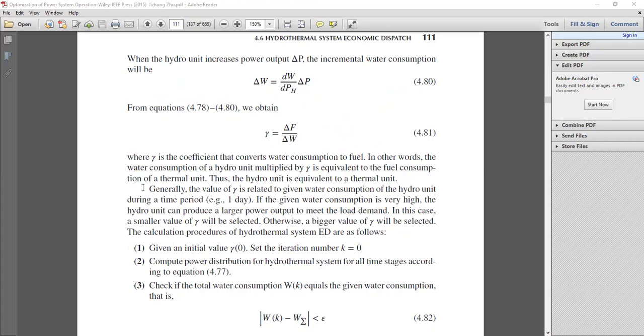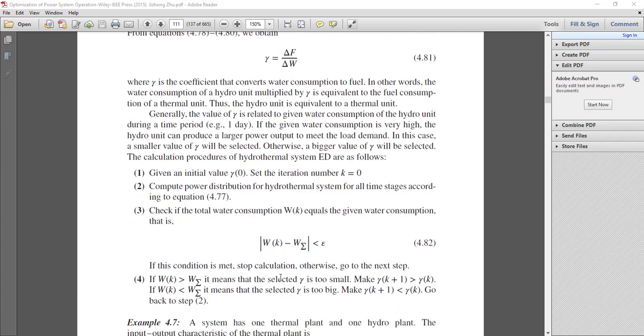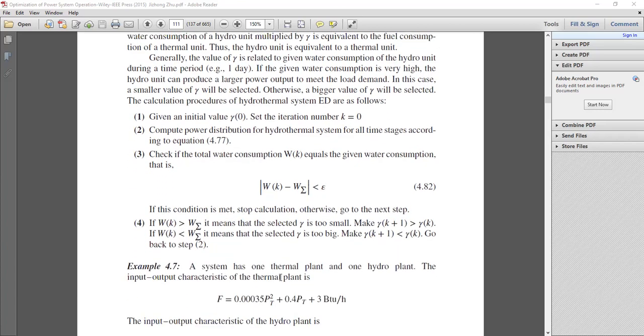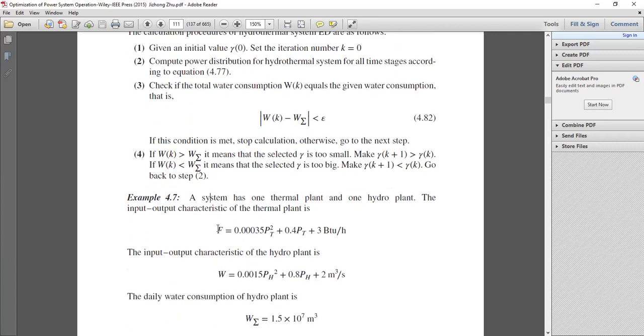I will actually be discussing an algorithm which is a little different from this, not exactly as this. So I will skip it for the time being, as well as the example, because I will use that algorithm to solve example 4.7. It is similar to the algorithm mentioned in the book, but a little bit more explanatory.